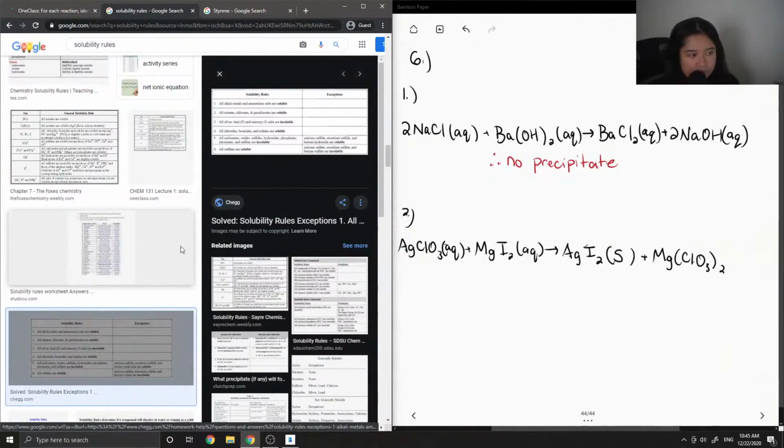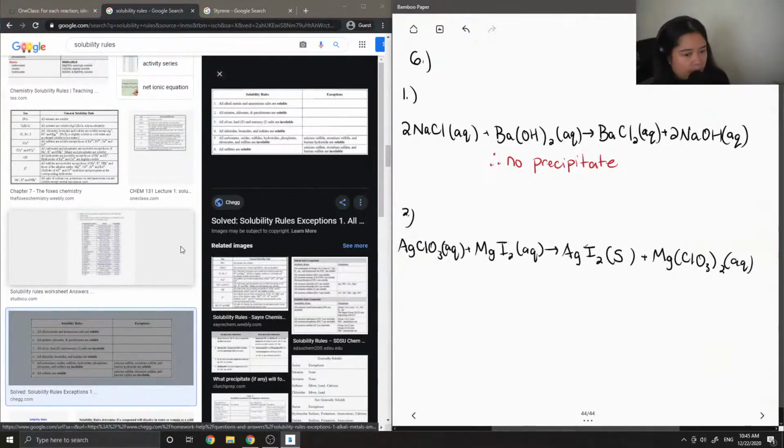I'll just put aqueous. Okay, so therefore this is the precipitate.